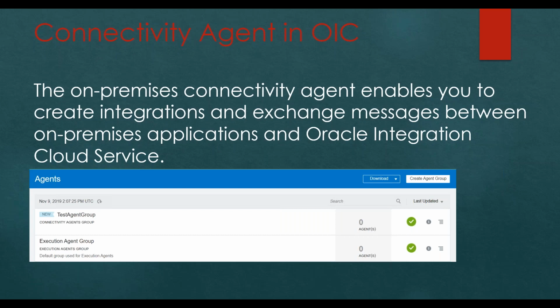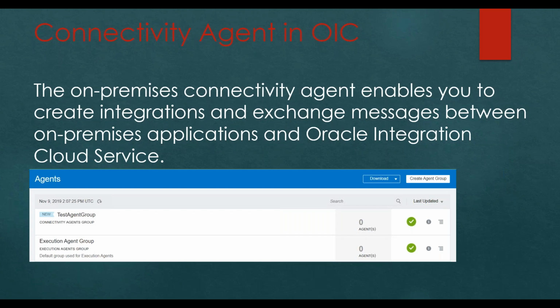Do you think Oracle Integration Cloud, which is on the public network, will be able to identify your on-premise application behind the firewall? No. So in order to enable communication between the cloud and the on-premise application, you have to install a connectivity agent somewhere which will allow communication between OIC and the on-premise application.